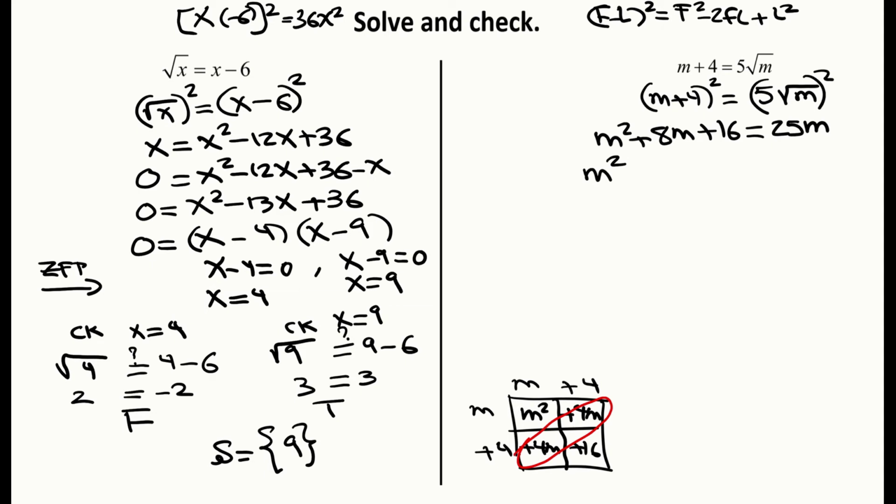So we get m squared plus 8m plus 16 minus 25m equals 0. So we get m squared minus 17m plus 16 is equal to 0.